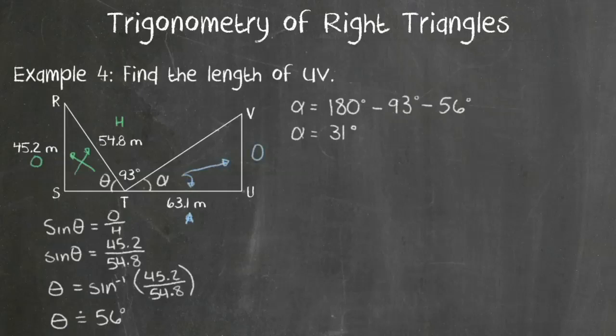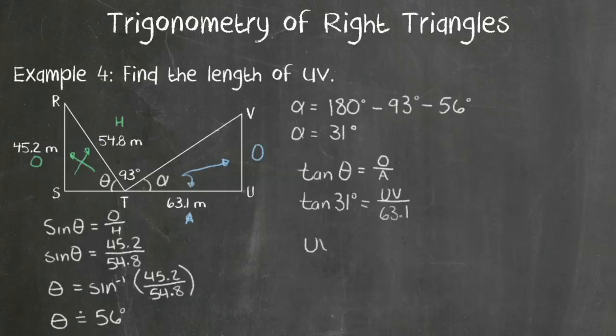Okay, so what ratio has opposite and adjacent? Well, that's tangent again. So the tangent of theta is going to equal opposite over adjacent, and now we sub in the values that we know. So the tangent of 31 degrees is equal to side length UV over 63.1.